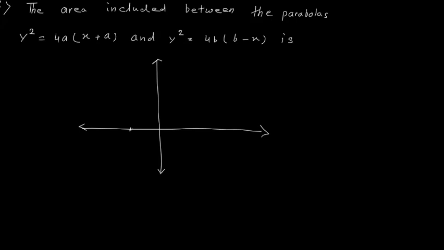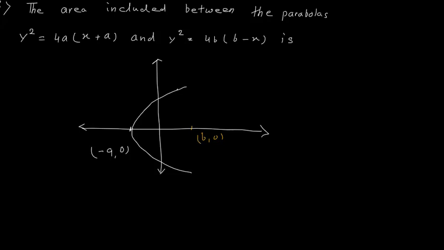So I get one point here, and then you can put different values of y and plot the graph. Your graph will be something like this. For the second one, when you put x equal to b you get y equal to 0. So the second point is somewhere here, this is your point b, so (b, 0).